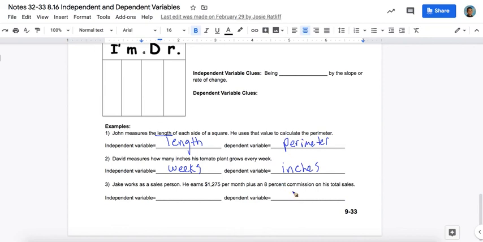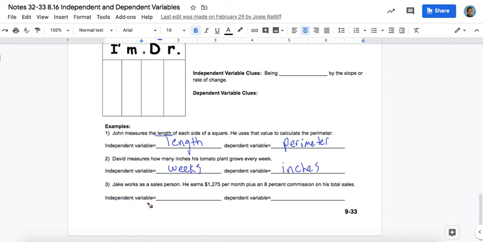So for example, car sales or real estate agent. So a car salesman, if they sell one car, they get 8% of that, okay, in addition to their $1,275 per month. Or if they sell 2 cars, they would get 8% of that, or 3 cars, etc., etc.